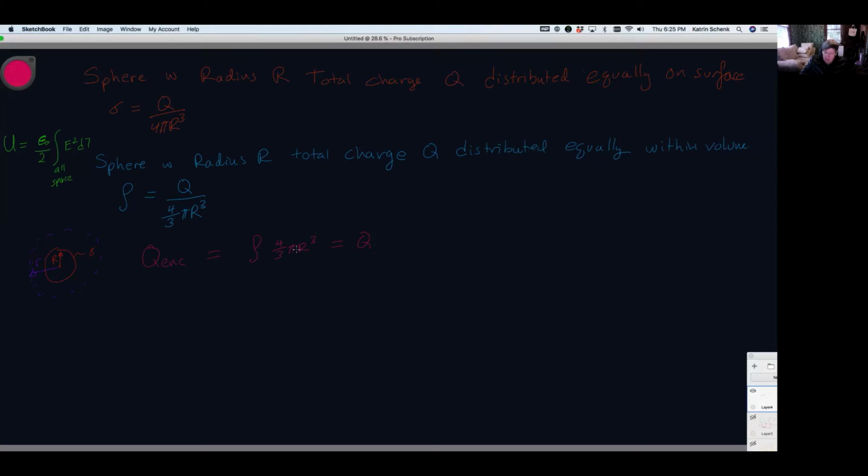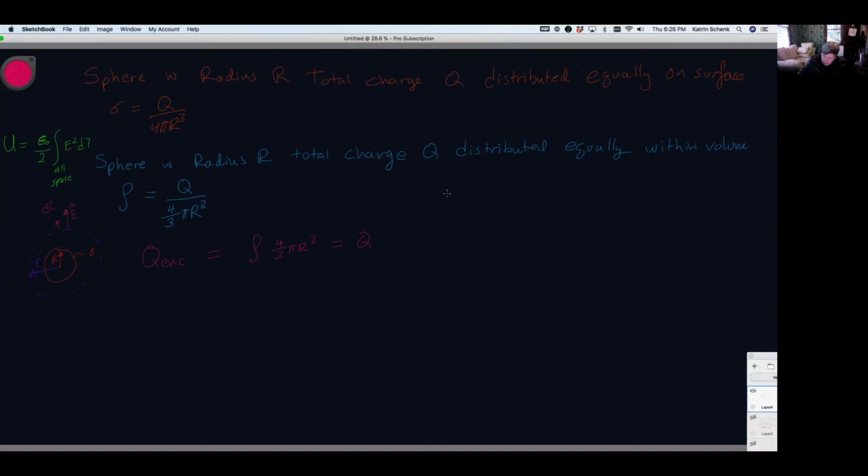Then I know that E is going to be constant along the Gaussian surface, so its magnitude is constant, and its direction is always along r hat. And dA is also in the direction of r hat. So E dot dA is just going to be the magnitude of E times dA.